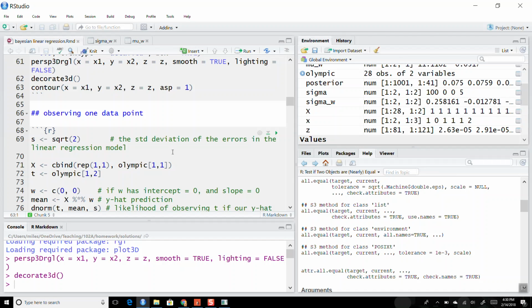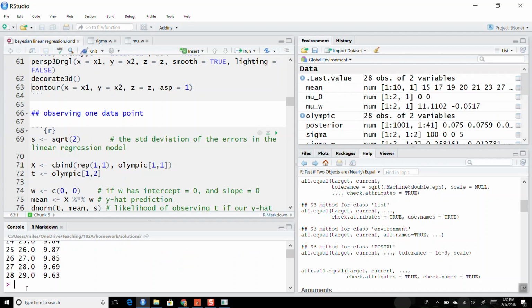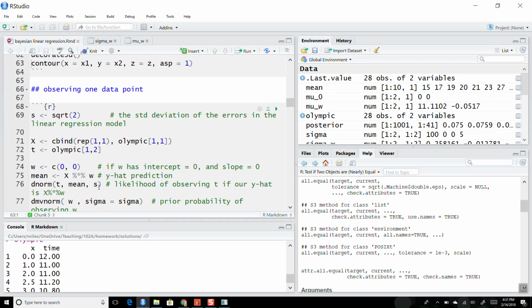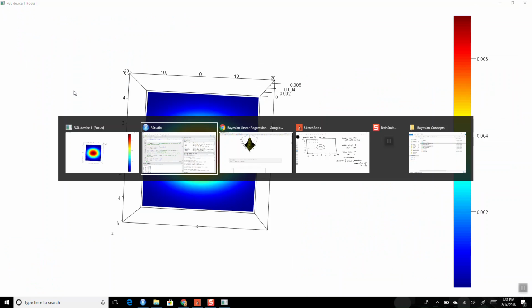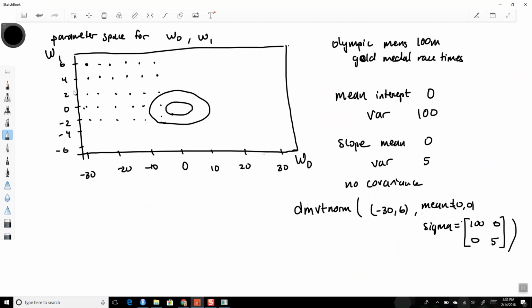Okay, so let's say we observe one data point. When we look at our Olympic data, there are actually only 28 Olympics, or I guess 29, and our first data point, 1896, the finish time was 12. We're going to start off with the error term in the linear regression model, because we said t is equal to w0 plus w1x plus some error term.